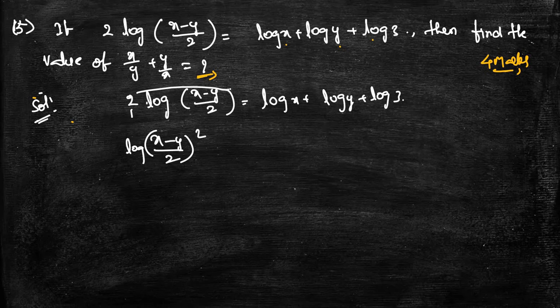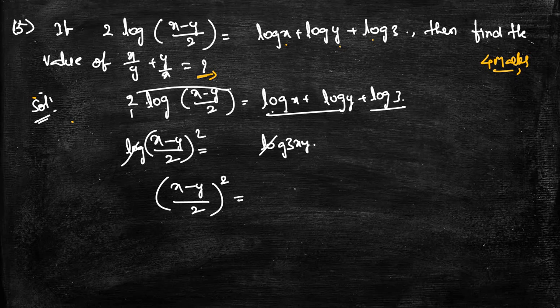Log is equal to log x into log m into n, and log of xy, so into plus only, so 3xy it will become log of 3xy. Now I will remove log from both sides and it becomes (x minus y by 2) whole square, and 3x and y will remain here.